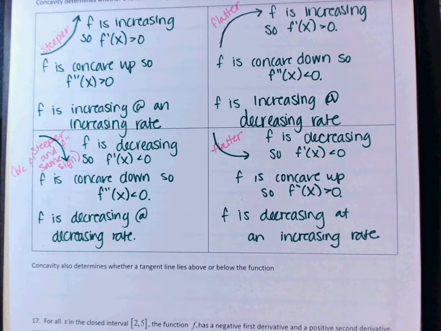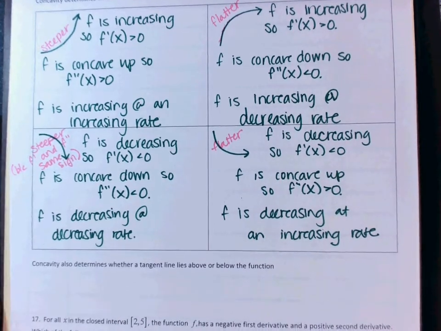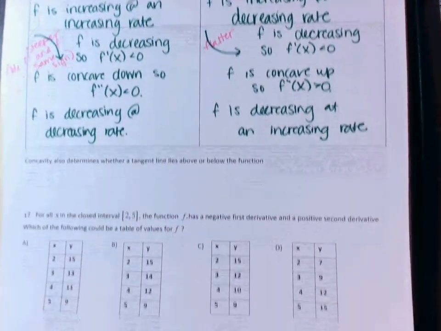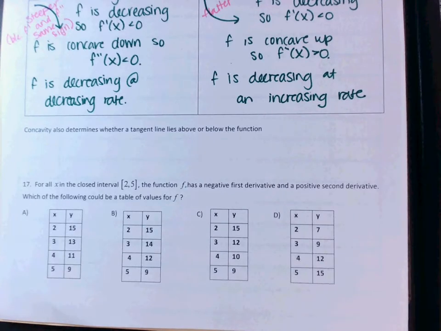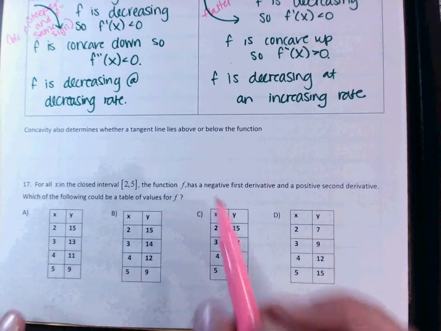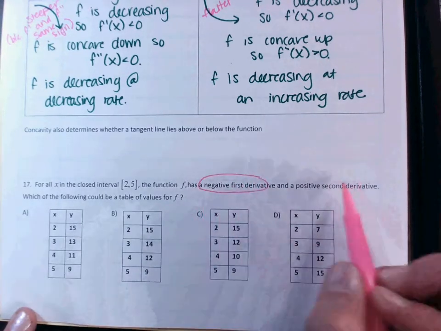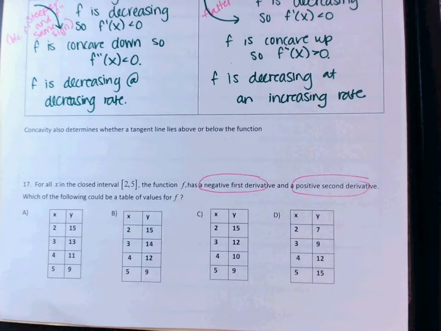Okay? Come down to number 17, please. Number 17. It says, for all x in the closed interval, f has a negative first derivative and a positive second derivative. That tells us two characteristics of our graph. It tells us increasing or decreasing, and it tells us concave up or concave down. What does a negative first derivative tell us?